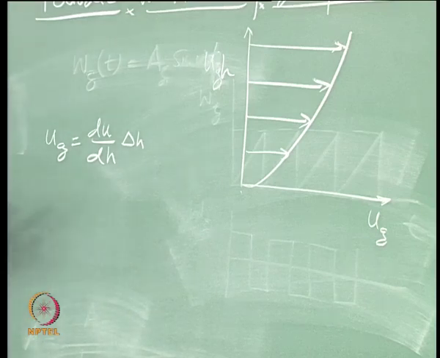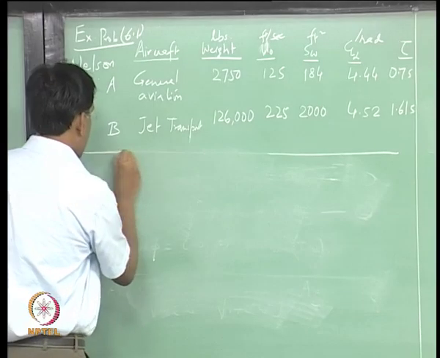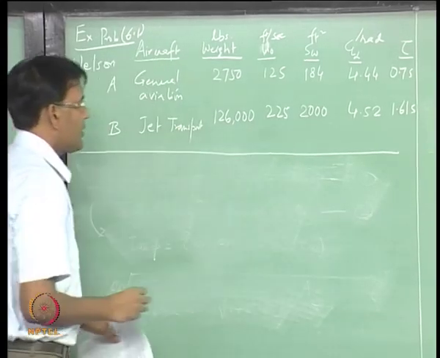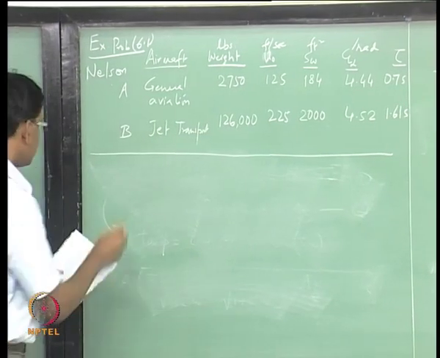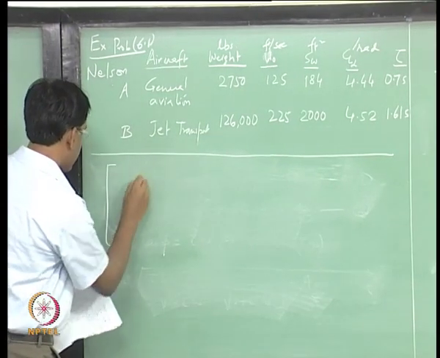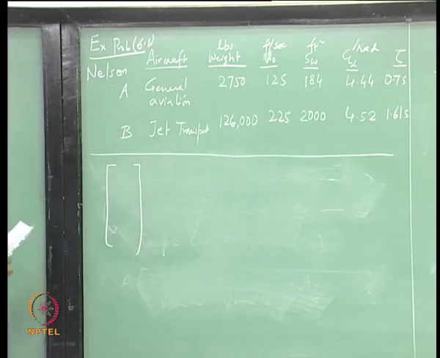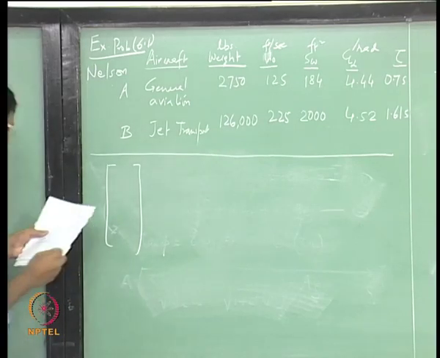Now, how do you include this part in the aircraft equations of motion if you want to see the effect of this on the aircraft behavior? So, let us write down the equations of perturbed motions in the longitudinal case.